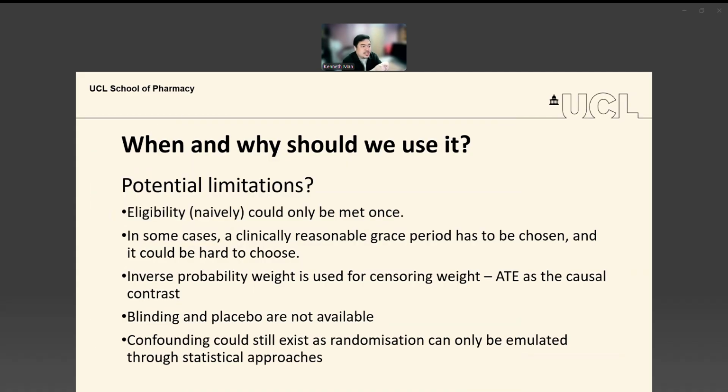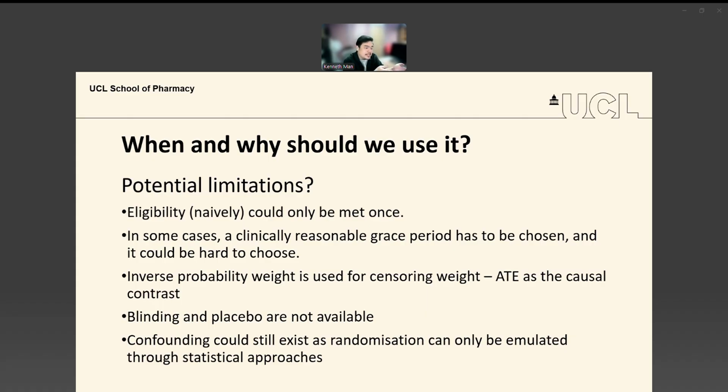So what are the potential limitations of the clone-censor-weight approach? The first bit is that eligibility could only be met once, naively, because we try to force the eligibility time, the treatment assignment time, and also the start of follow-up to the same day. So naively, it could only happen once. And in some cases, a clinically reasonable grace period has to be chosen.